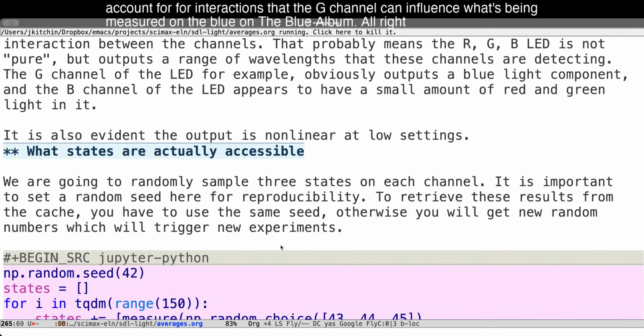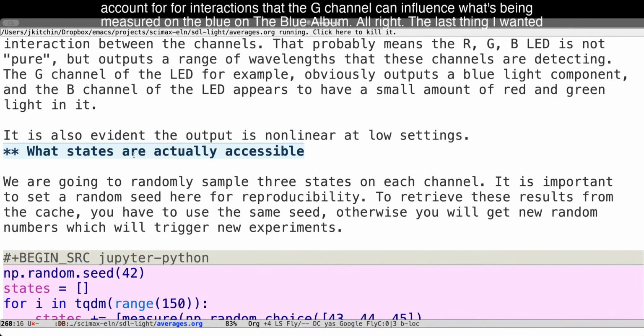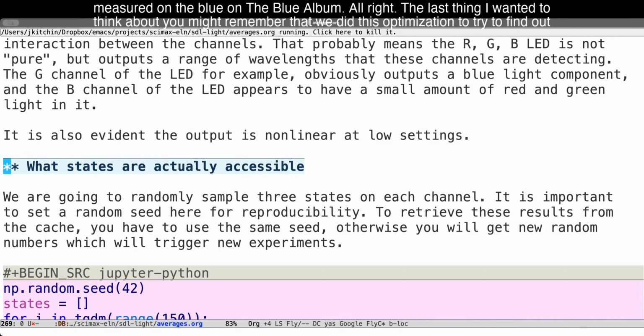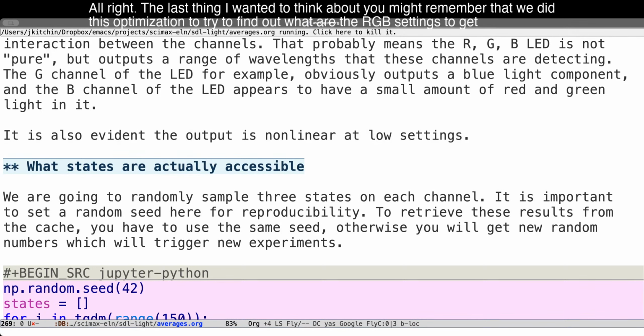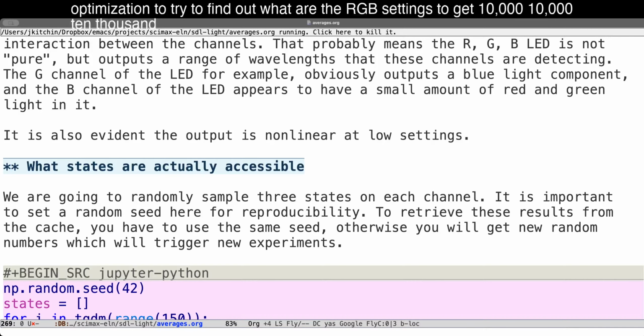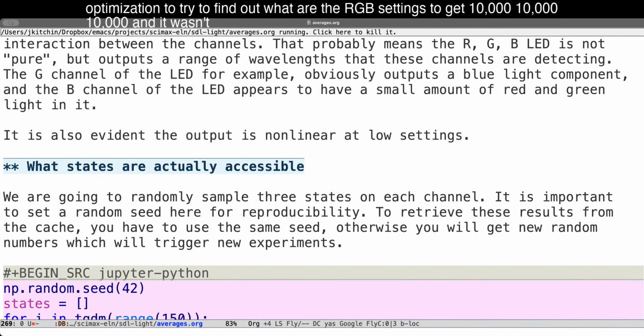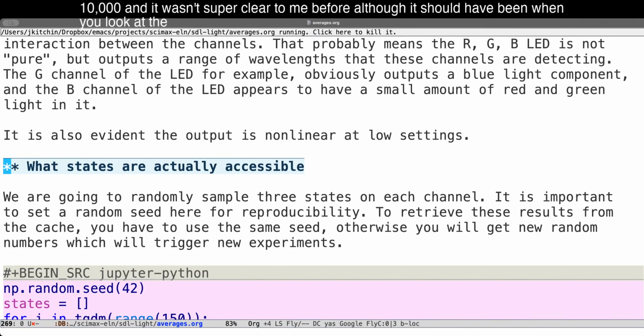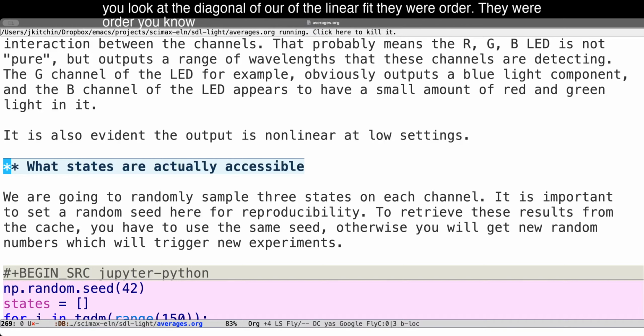All right, the last thing I wanted to think about, you might remember that we did this optimization to try to find out what are the RGB settings to get 10,000, 10,000, 10,000. And it wasn't super clear to me before, although it should have been. When you look at the diagonal of the linear fit, they were order 200 to 300.